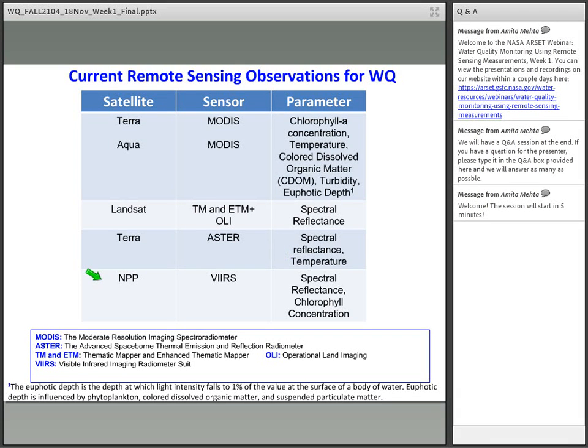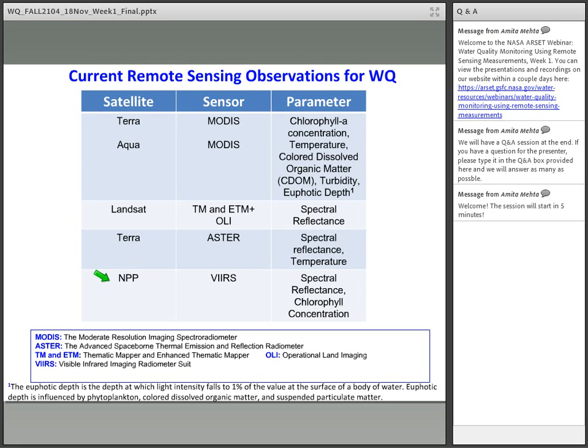One of the recent satellites, the National Polar-orbiting Partnership or NPP, has the Visible Infrared Imaging Radiometer Suite. So VIIRS is a continuation of MODIS in one way. These satellites, Terra and Aqua, have been flying since 2000 and 2002. We will see that in detail.